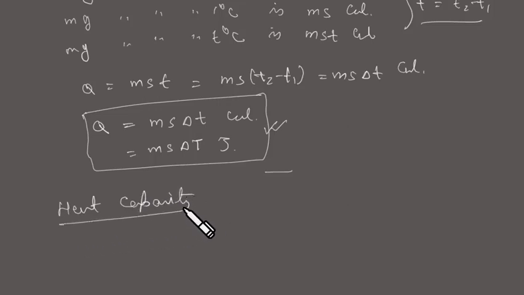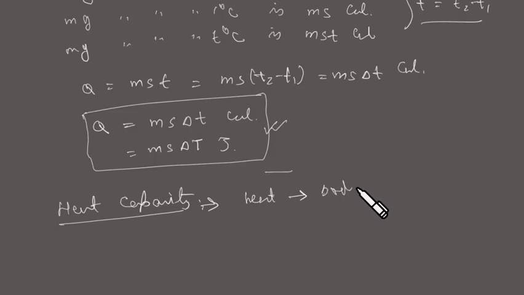What does it mean? Now, specific heat capacity, we have calculated, is the heat required to increase the temperature of unit mass of a body by unit degree Celsius, right? Similarly, heat capacity is the amount of heat required to raise the temperature of a body, not just unit mass of the body, but any mass of the body.